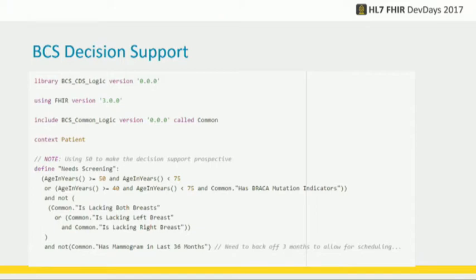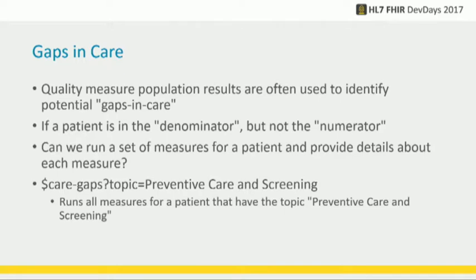All right. So some of the other things that we've looked at for what can we do with this, the components now within FHIR that we have with quality measures. So one thing that's often done is gaps in care. So these screening measures are used to perform analytics on a population and determine whether there are measures that patients will fall out of, right?